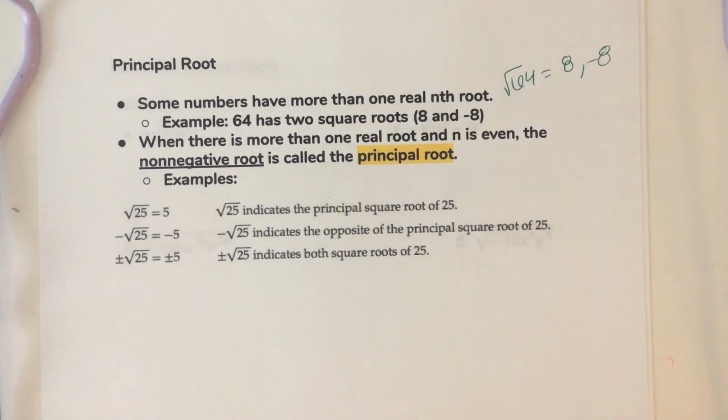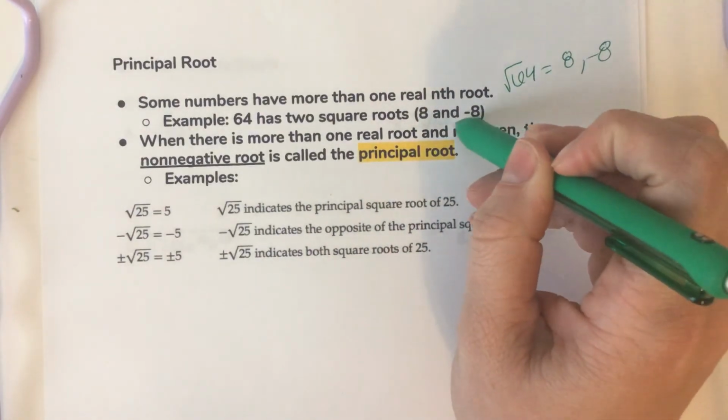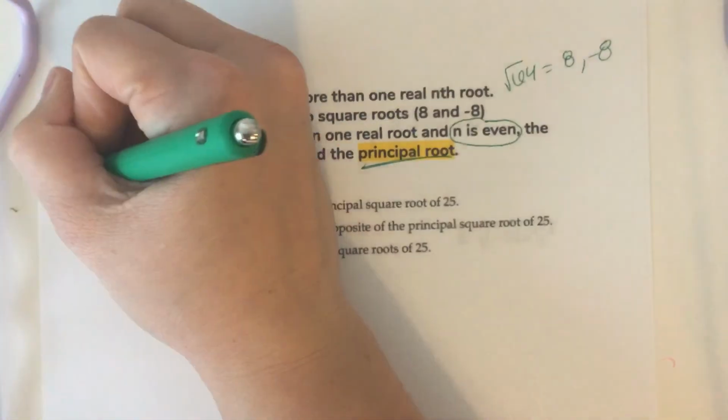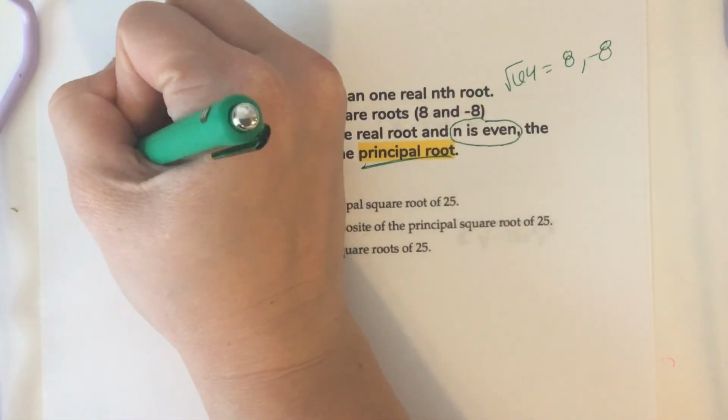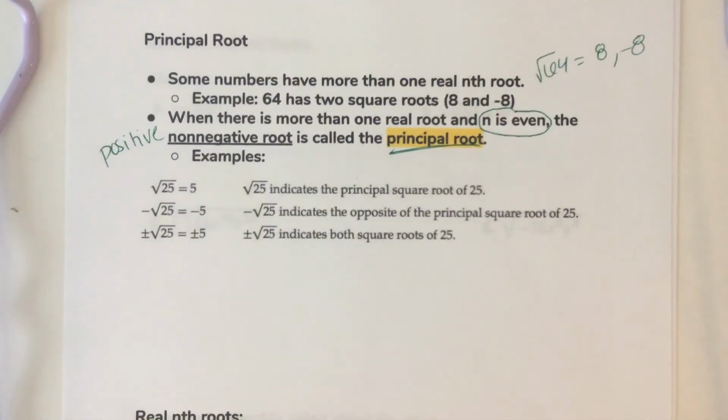We know that 8 squared is 64 and negative 8 squared is 64. So when there is more than one real root and n is even, the non-negative root is called the principal root. We can think of this as the positive root is the principal root, since they both start with P.